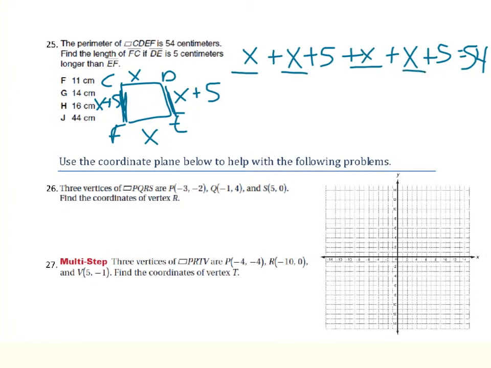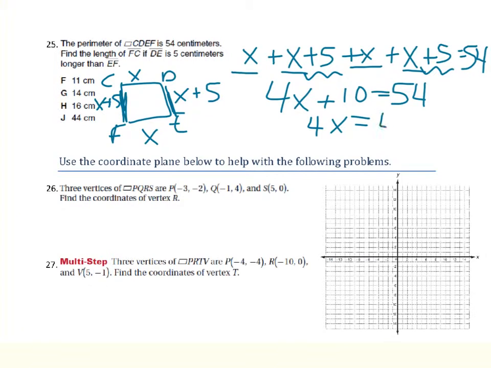So I have 4 x's, and then I have my numbers, plus 10 equals 54. And I'm going to subtract 10 from both sides, so that gives me 4x equals 44. And then I'm going to divide by 4, and that gives me x is equal to 11. Okay, they do have 11 as an answer choice, but that's not what they asked me to find, so I know I can cross that one off.